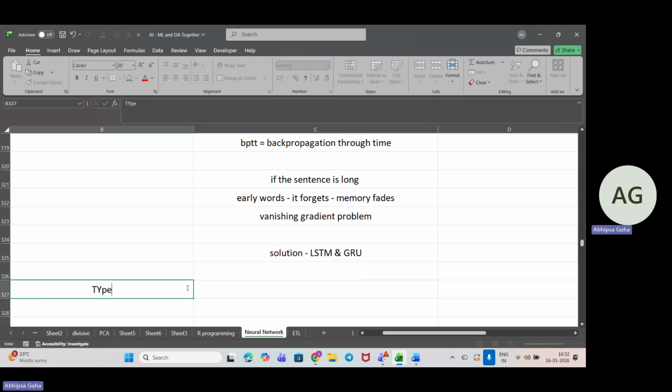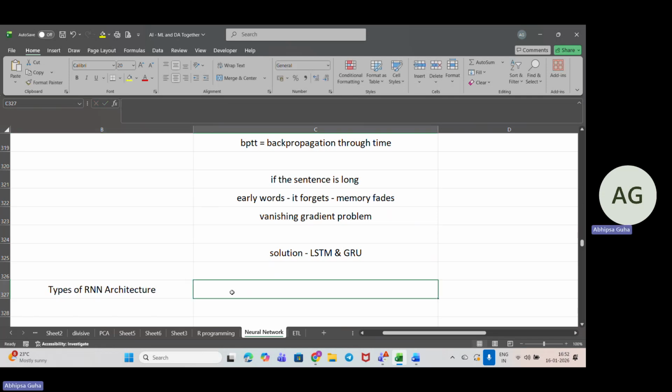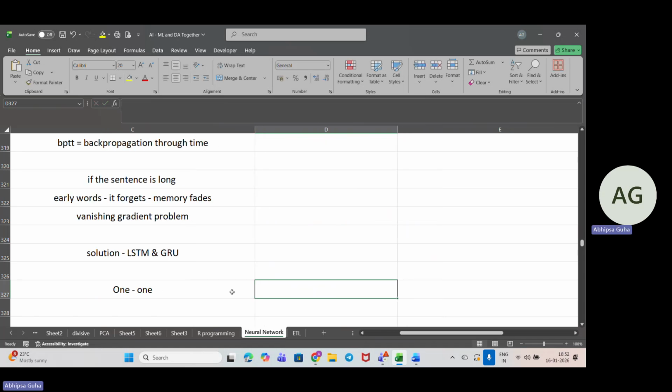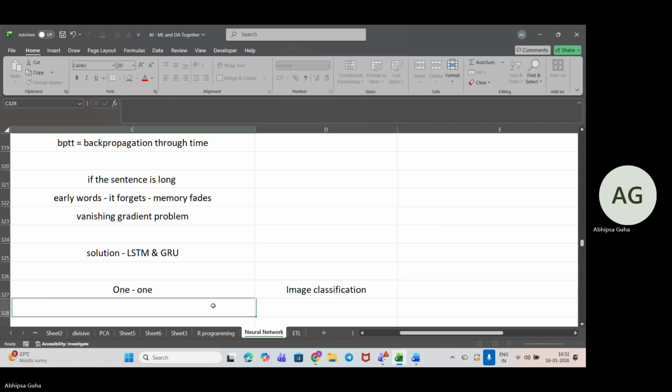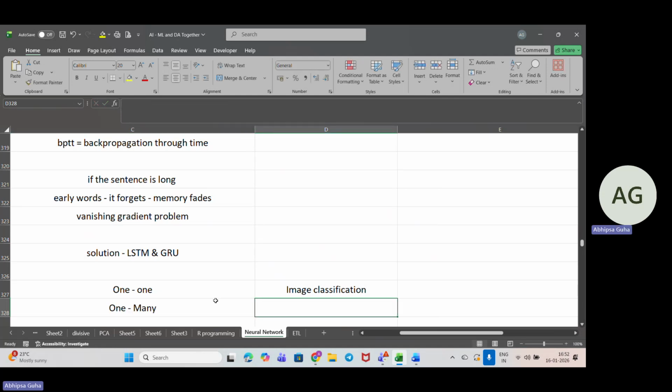types of RNN. So it has one to one, which is image classification. Next we have one to many, that is image caption.